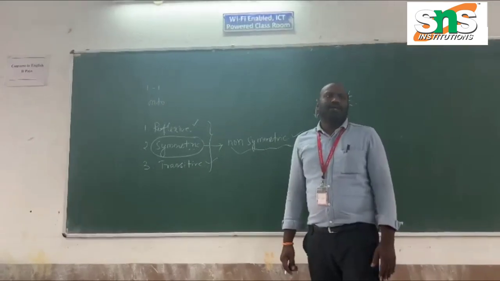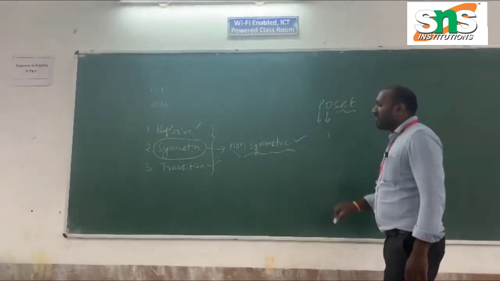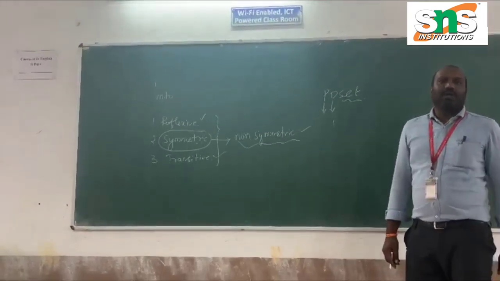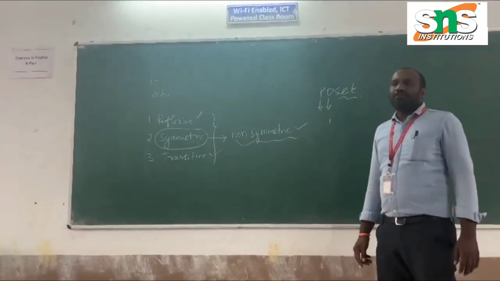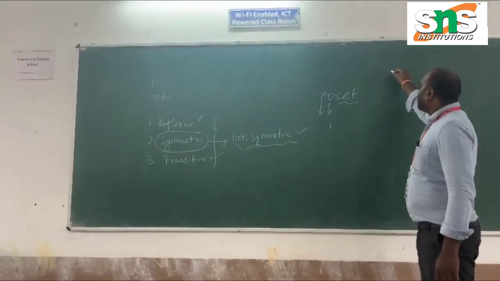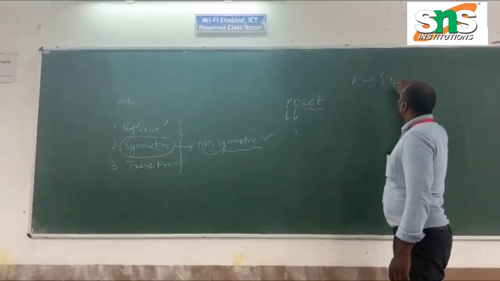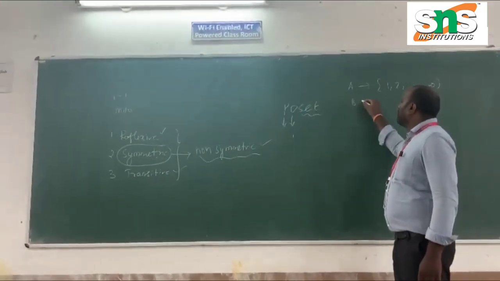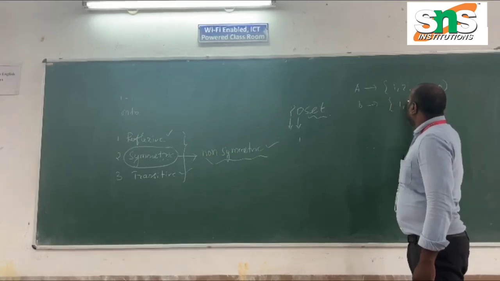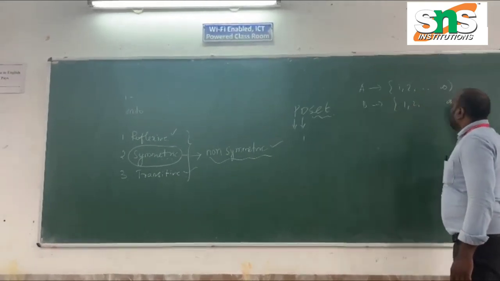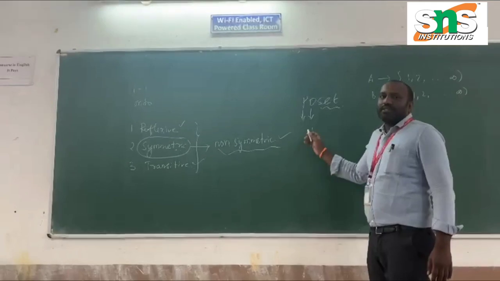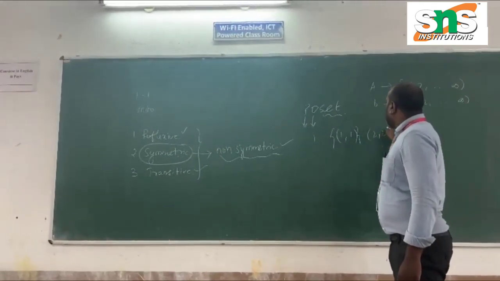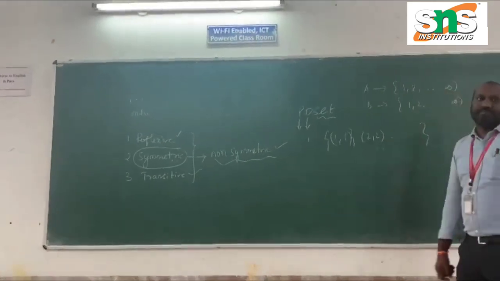Let's see reflexive first. Let me take the values to be uncountable, infinite. For example, let's take set A as 1 to infinity and B as 1 to infinity. For reflexive, it will be 1,1 or 2,2; all the power sets are there.